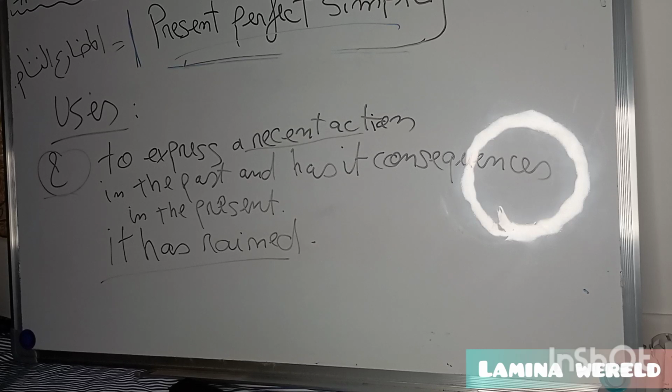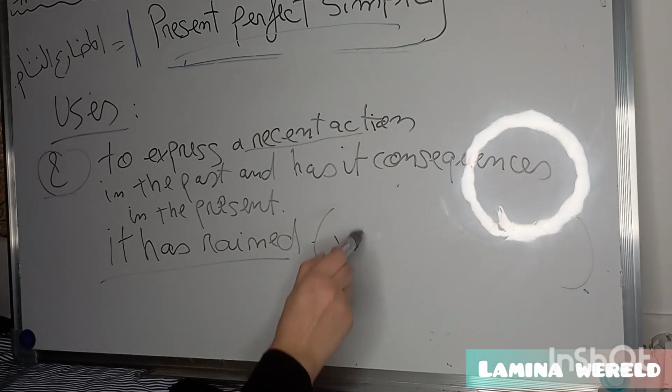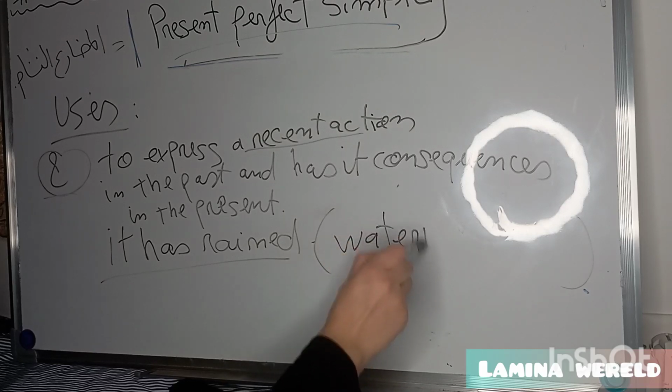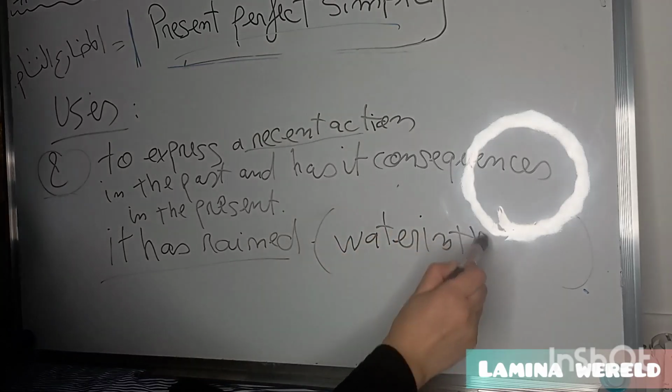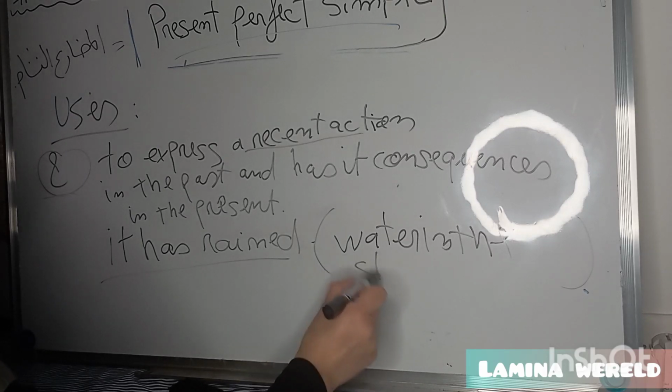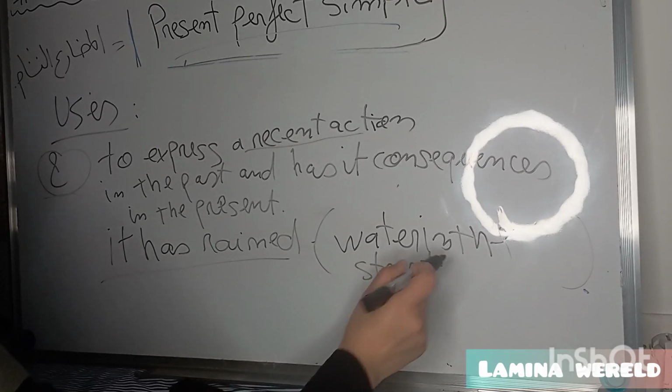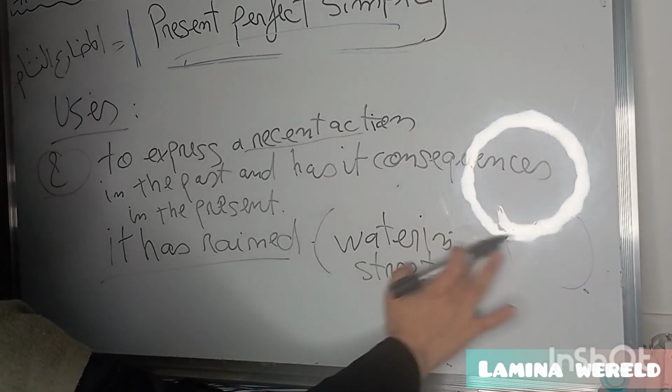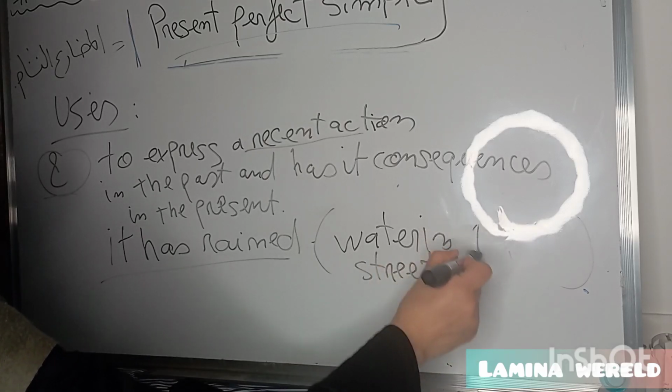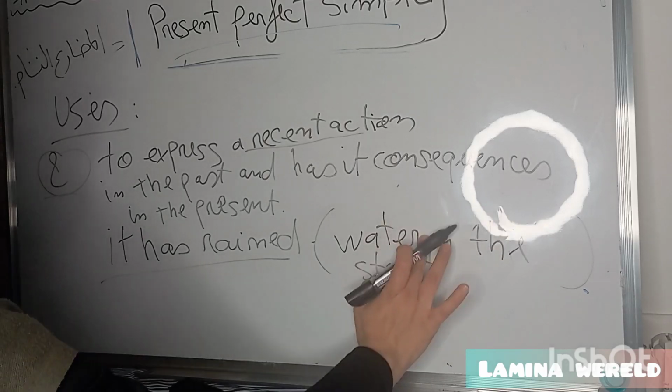There is water in the street, for example. So this is the consequence. Water in the street. Sorry, I have a terrible handwriting. Sorry for the handwriting.